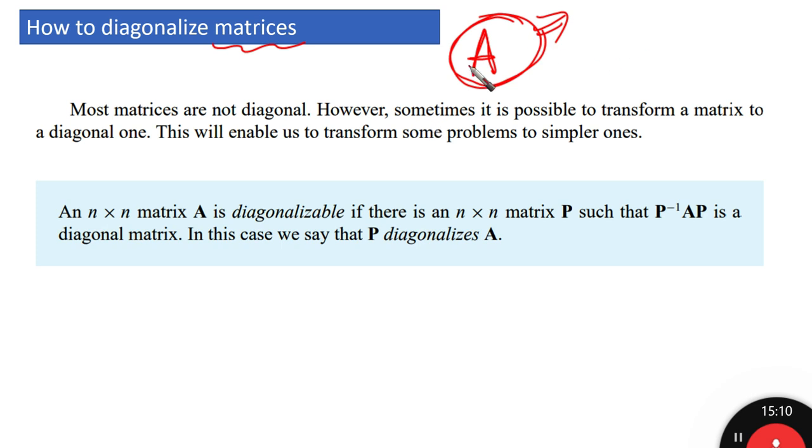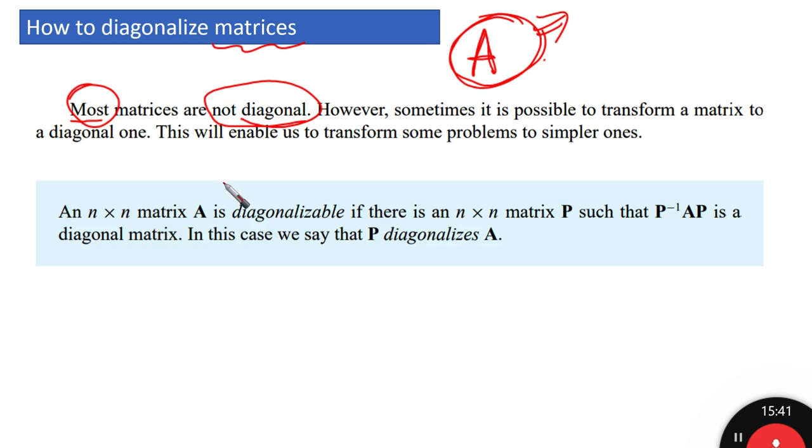And whether this matrix is diagonalizable or not is related primarily to some criteria that we want to discuss here. So first of all, we want to say that most matrices are not diagonal. This is a fact that we need to believe in, okay?